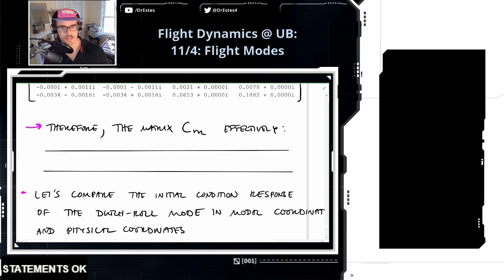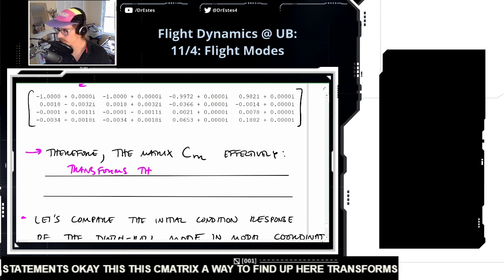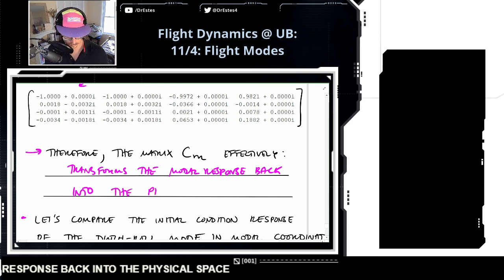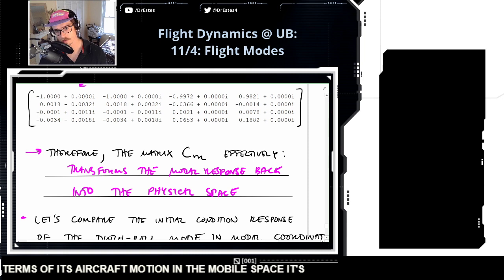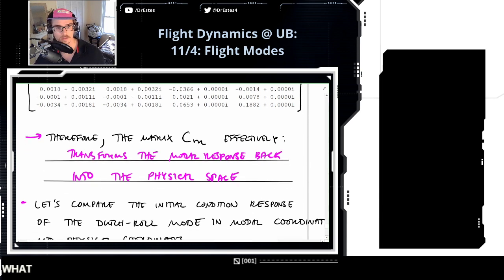This CM matrix that we defined up here transforms the modal response back into the physical space where it means something to us in terms of its aircraft motion. In the modal space, you just see one mode doing its own thing, but until you transform it back into the physical space, you don't know what it's actually going to look like.